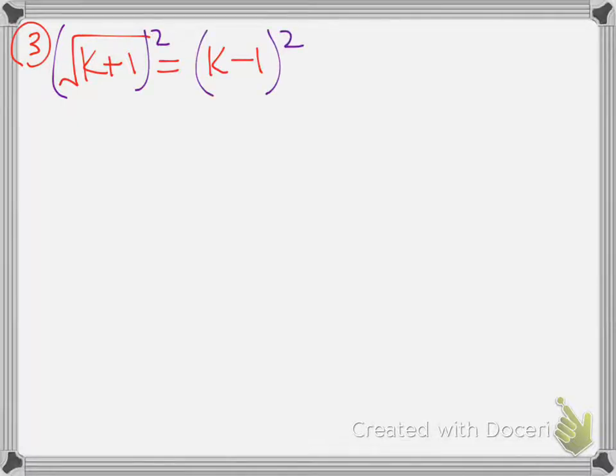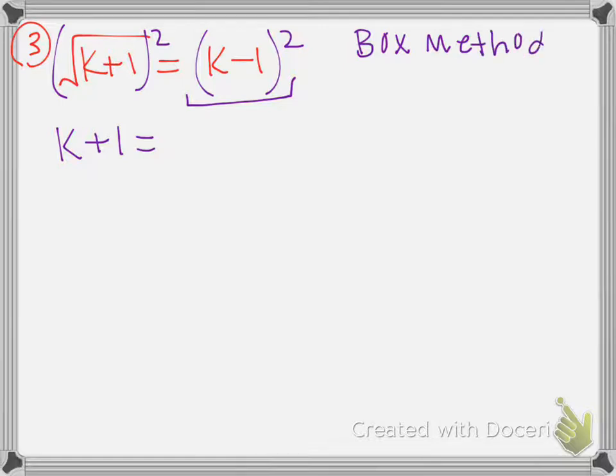So on the left, the square and the square root undo each other, and you get k plus 1. And on the right, this is a little tricky. This does not just bring down the k minus 1. You have to do the box method off to the side. Or you could FOIL, but most of you remember the box method.